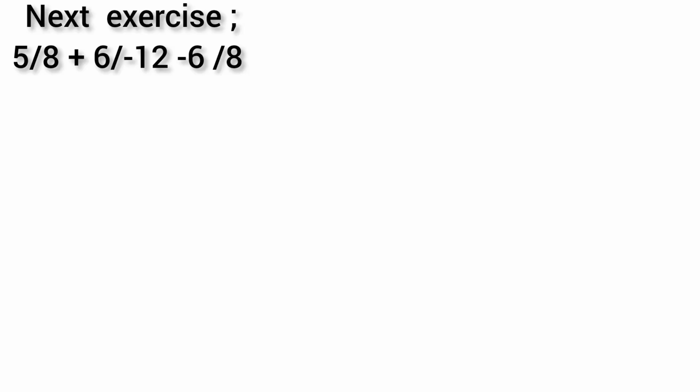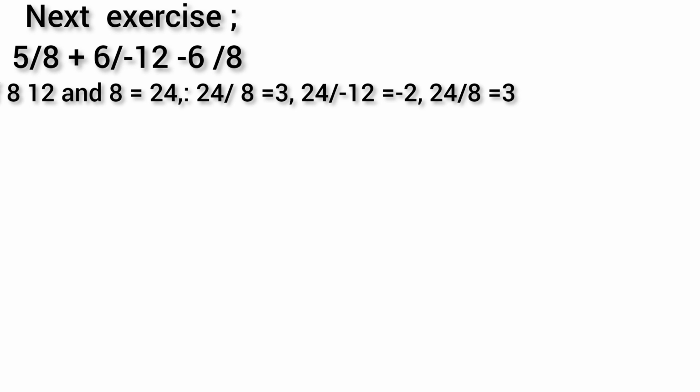So the next example is 5 over 8 plus 6 over minus 12 minus 6 over 8. First and foremost, you get the LCM of 8, 12, and 8, which is 24.